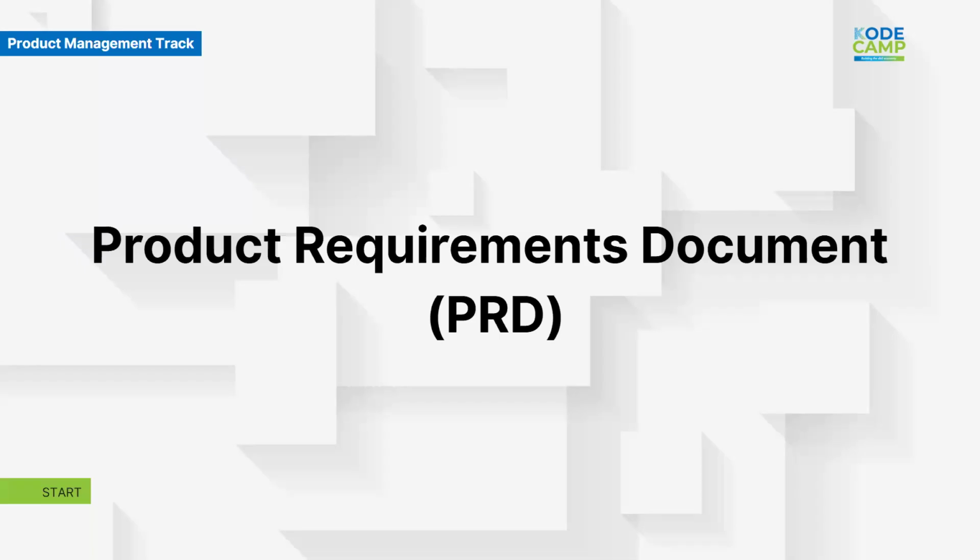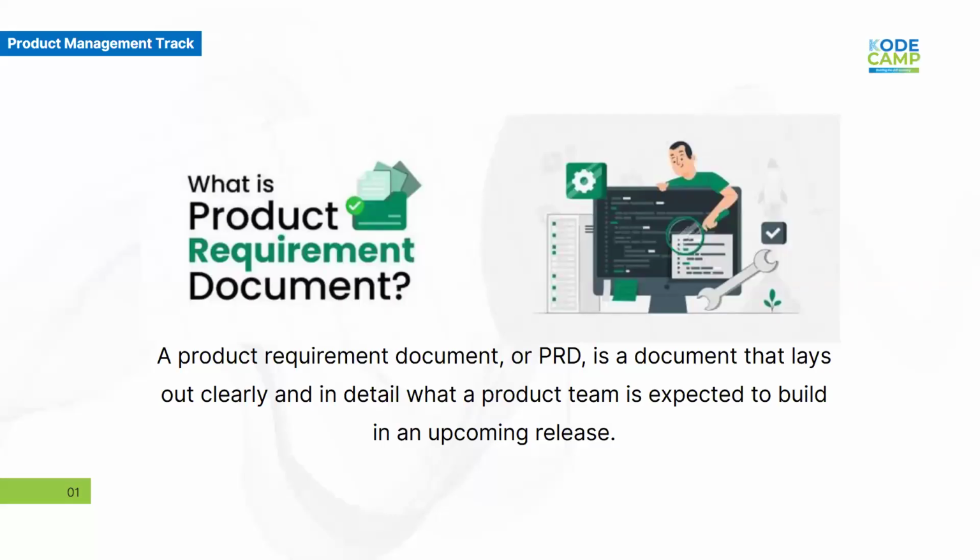So I want to walk you through what a PRD is, what purpose it serves, what goes inside it, and how you, as a product manager, can approach creating one that truly adds value to not just you, but to your team as well. So what is a product requirement document?